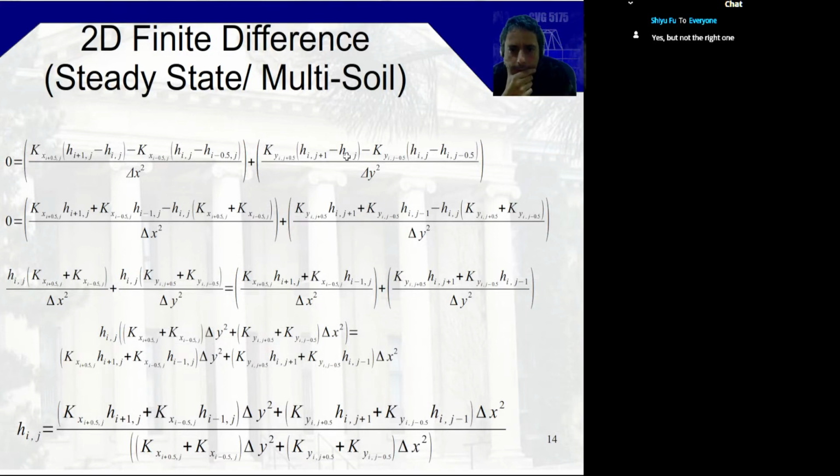So we have dy squared times dkx, and the neighbors. Okay, that's the neighbors.